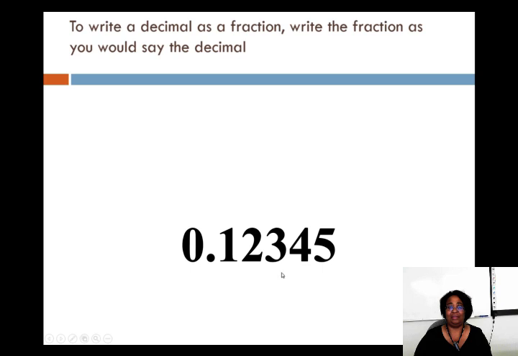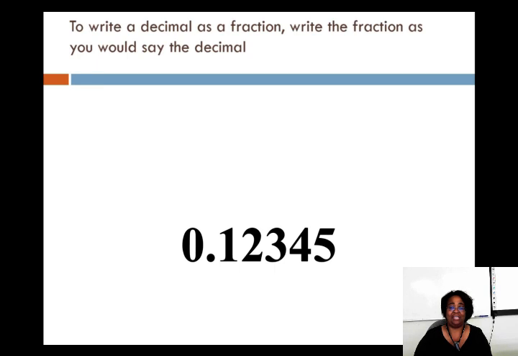How would I write or say this number? 1200. Not 1200. Imagine putting a comma here. 12,345. What? Is that 10 thousandths?